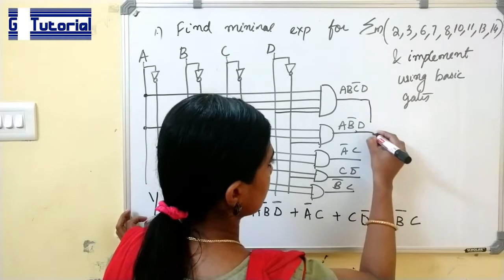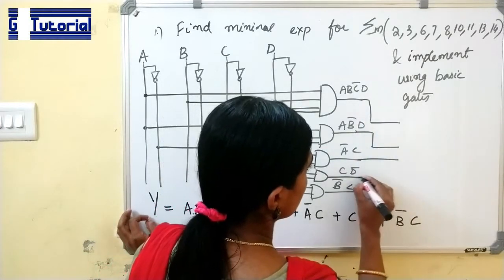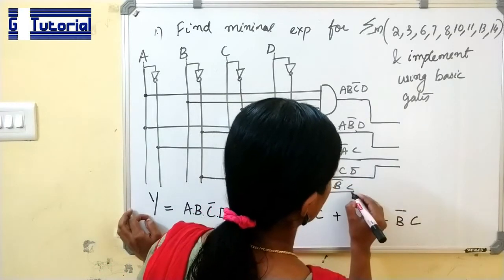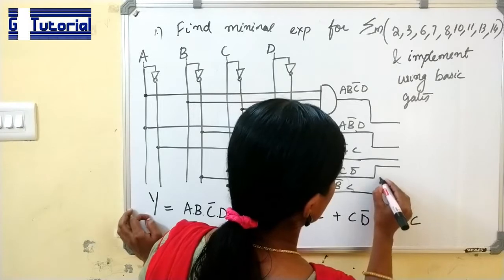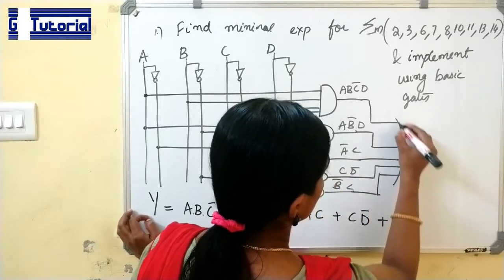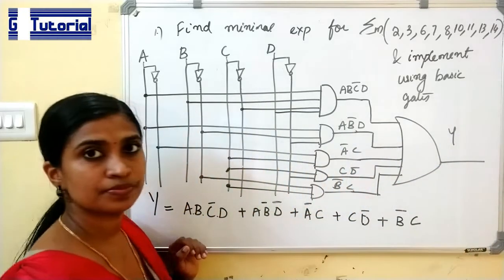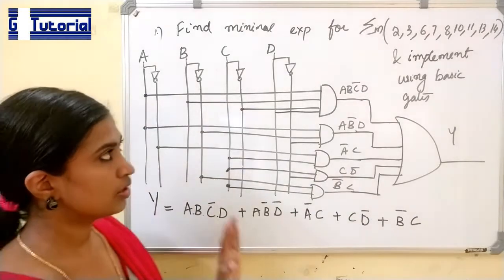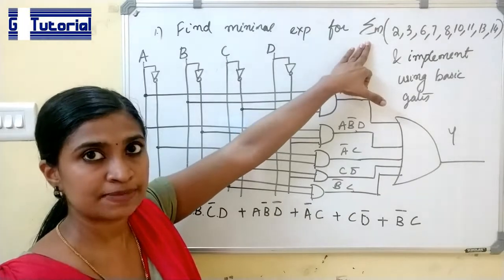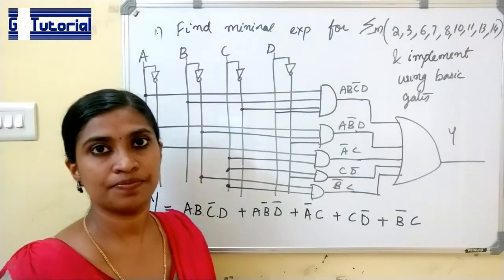So this is our output Y. Now you have seen how to solve this SOP expression using K-map and how to implement using the basic gates.